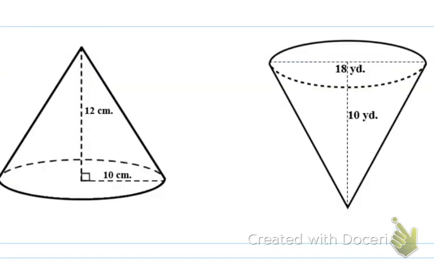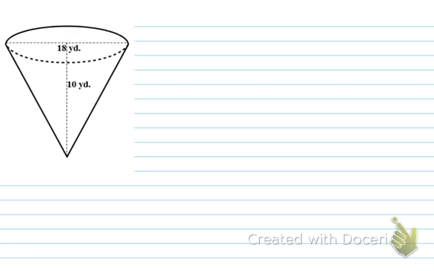Okay, let's do another one. Let's do this one. First, I'm going to put volume is equal to 1/3 times the area of the base times height. Let's find the radius and the height. From the circle, they don't give me the radius, they give me the entire diameter, so I only need half of that.